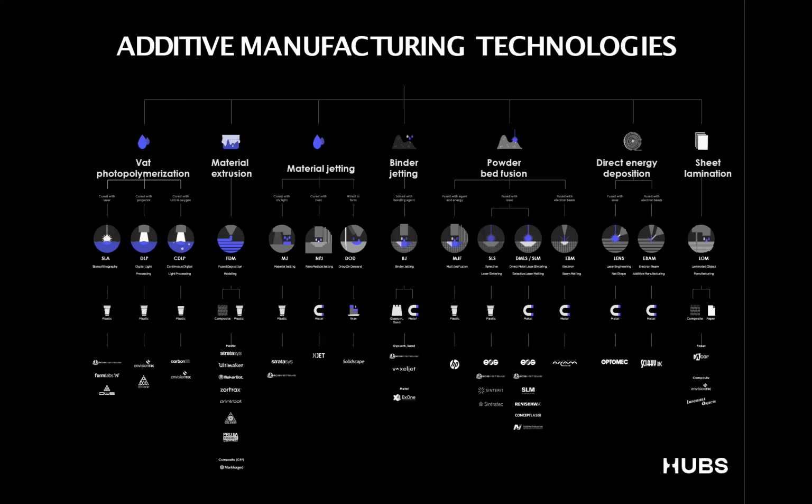This next slide shows those 7 major headings with a number of different sub-technologies under each heading. Therefore, you can see that there are a number of different technologies that one can choose depending on the specific type of application they want to 3D print.